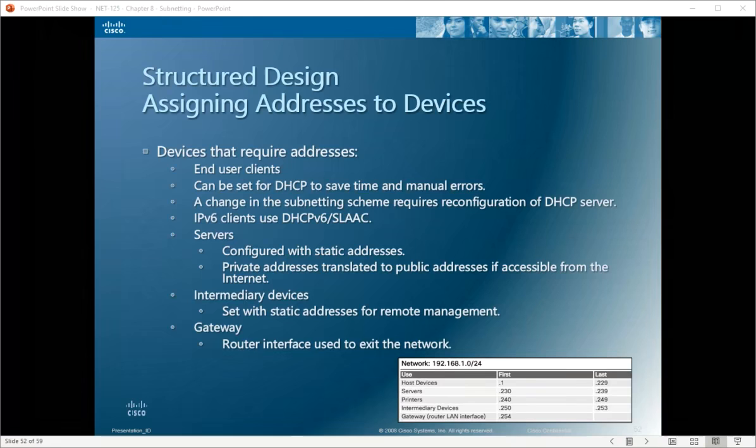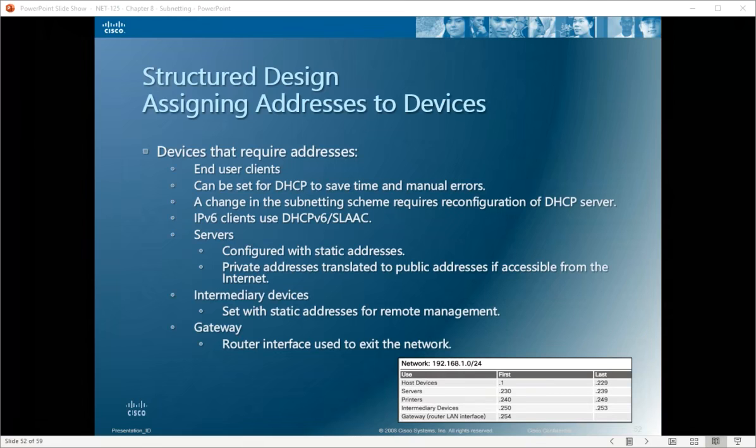So it's easier to do whitelisting and provide static addresses for all devices, but that consumes a lot of time, especially for very large networks. Now, if we change our subnetting scheme, we also have to go in and change the DHCP server to reflect those new subnet masks, the new what's called address pool.